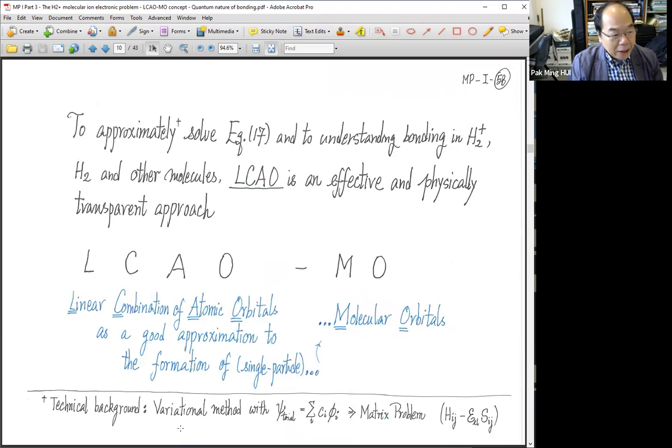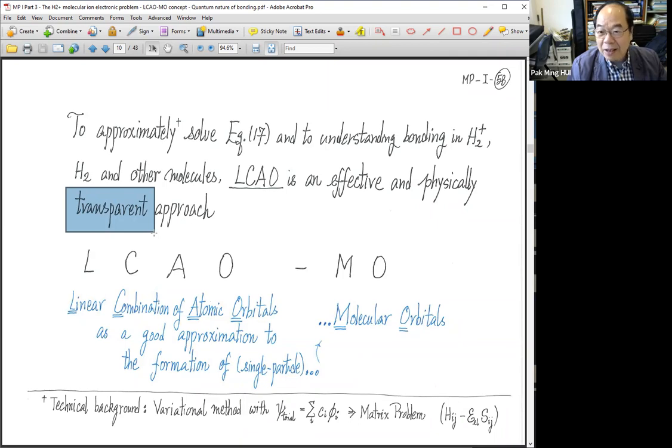So the key idea today is to introduce the most important, in my opinion, also the most physically transparent approach to understand molecules. I emphasize, well, it's my case, physically transparent is more important than mathematically rigorous in many situations.